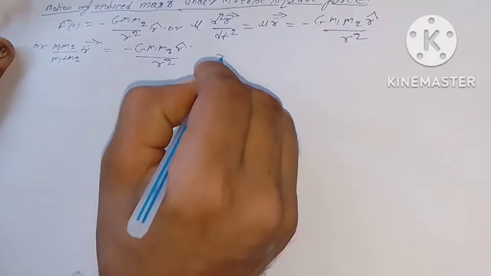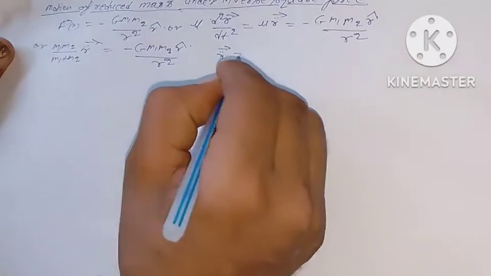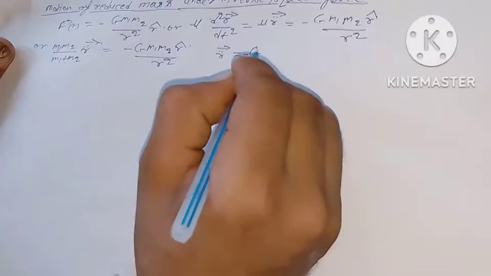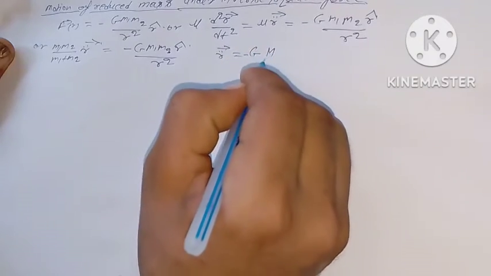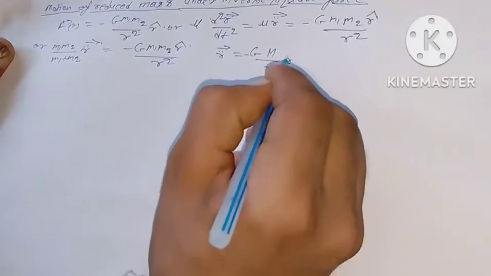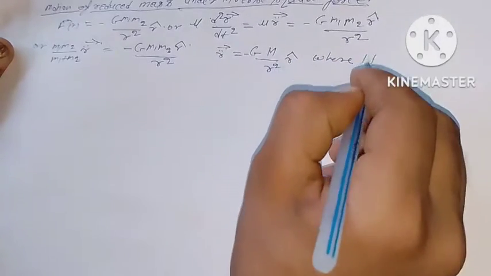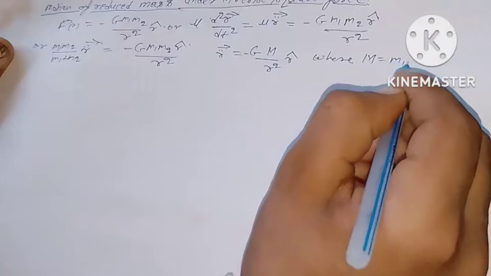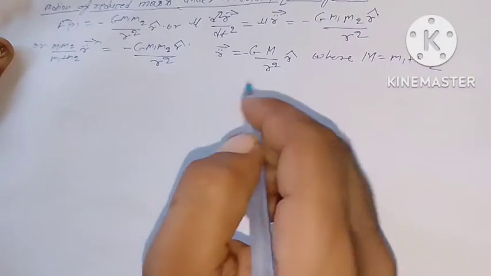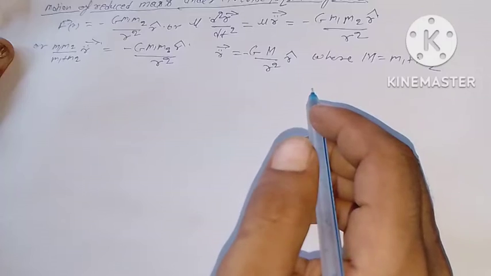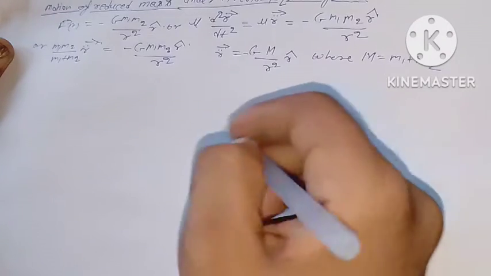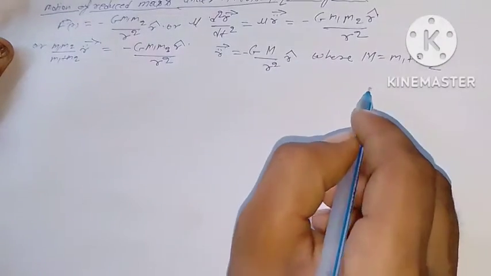But the double derivative of r equals minus G capital M upon r square unit vector r, where capital M equals m1 plus m2. Okay, this is clearly the equation of motion of a particle of unit mass at a vector distance r.